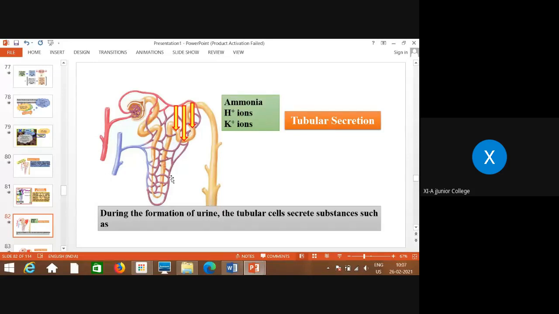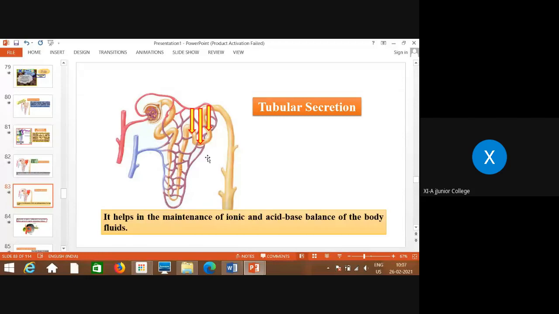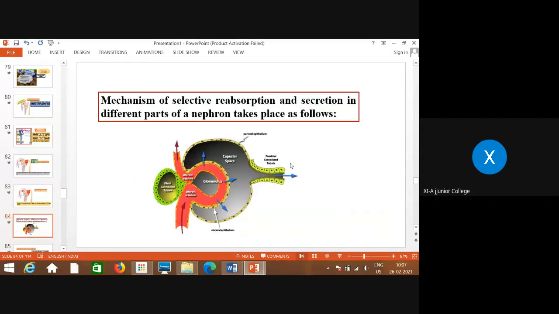You can see this region is covered by highly coiled blood vessels, called peritubular capillaries, where they secrete these ions, like H plus and K plus ions, to maintain the ionic balance, the pH and the ion concentration. So tubular secretion takes place in the DCT region, where it helps in maintenance of ionic and acid-base balance of the fluids. That is very, very important.